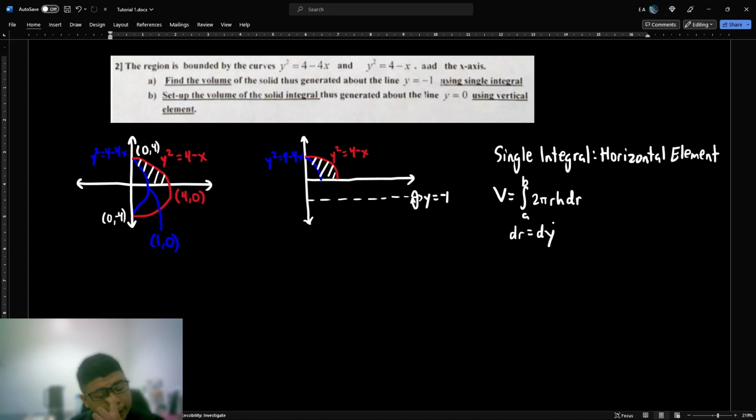So our r should be in terms of y as well. Our r and our h should be in terms of y.